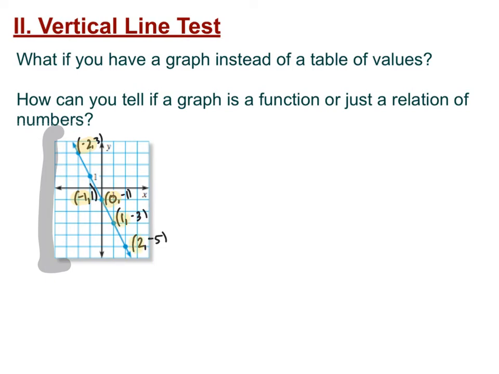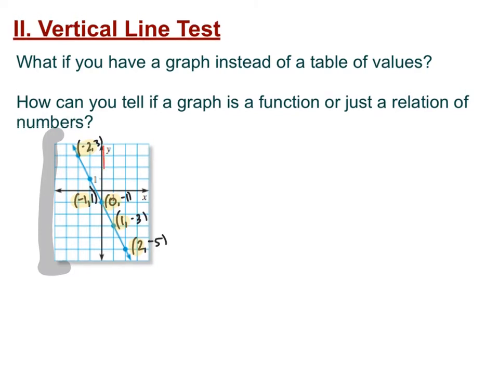Now, labeling all those points took a little bit of time, and that was a lot of work. How can I do that faster? I can use what's called the vertical line test. Think about any vertical line, like there's one right here. If that is a function, no part of the graph can cross that vertical line twice, anywhere.